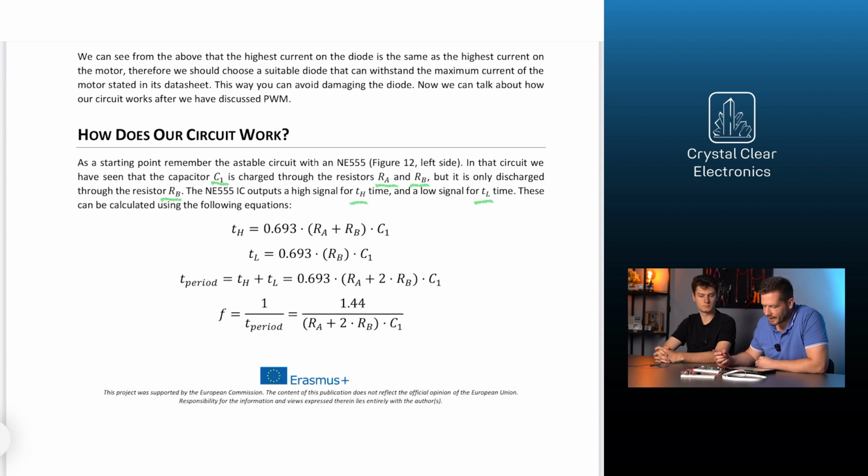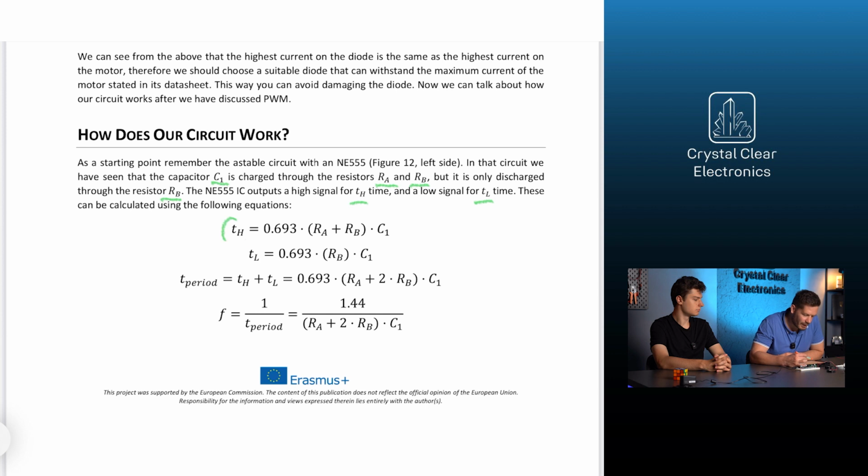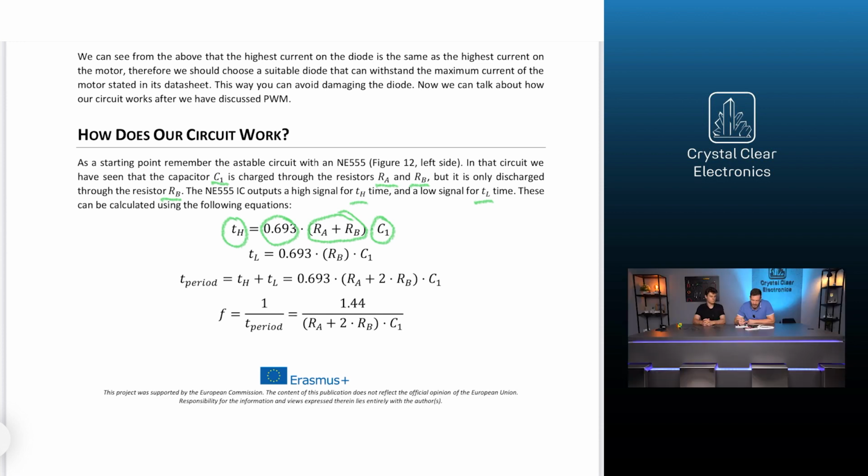These can be calculated using the following equations. The duration of the high signal level TH is 0.693 times the sum of the resistances RA and RB times the capacitance of capacitor C1. The duration TL can be calculated using a similar relationship, 0.693 times RB times C1 capacitance.